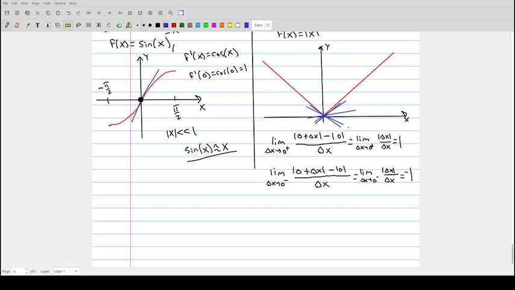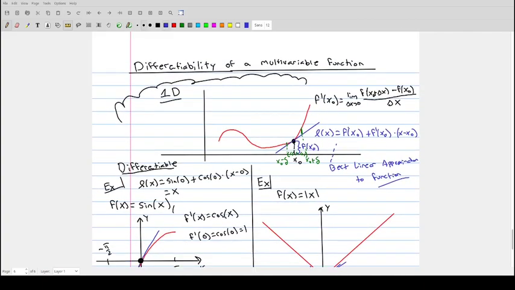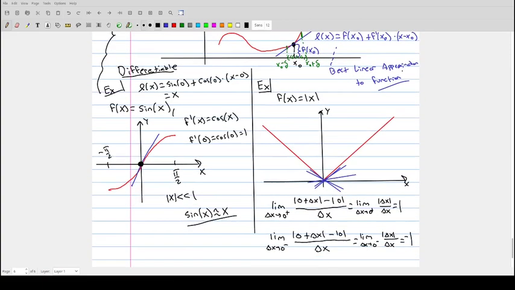It's the lack of a linearization or a tangent approximation to the function. So this is what it is in 1D, and this is the idea that we're going to have to take with us for multivariable functions as well. And with this idea in mind, it becomes possible to define the differentiability of a multivariable function.